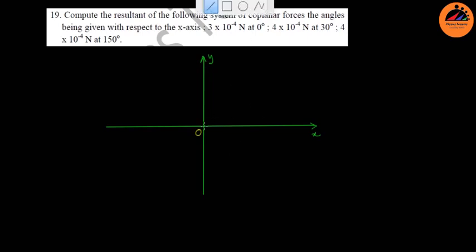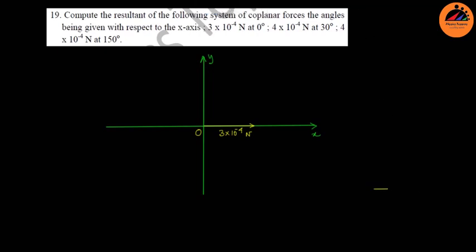The first one, this yellow one, is at 0 degrees, 3 into 10 to the power of minus 4 Newton. I told you there is a scale. While drawing vectors, you must give a scale.